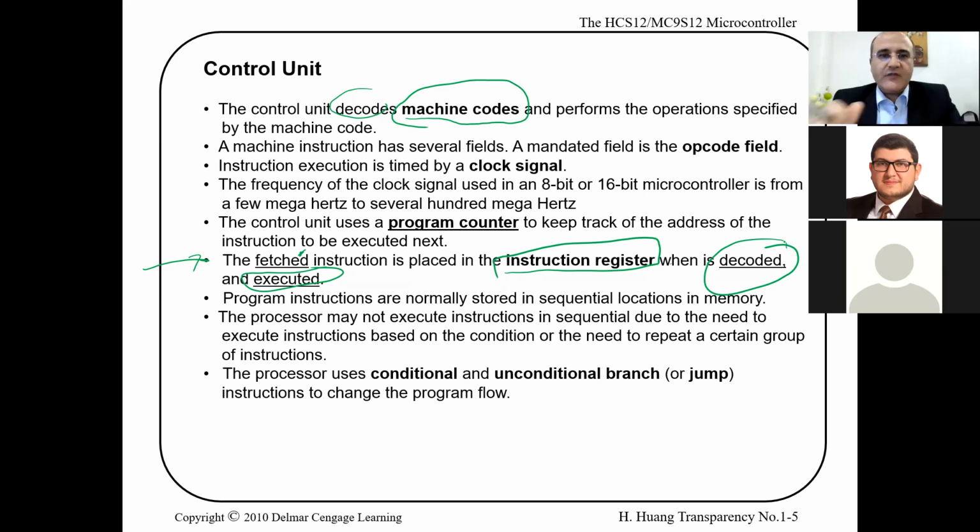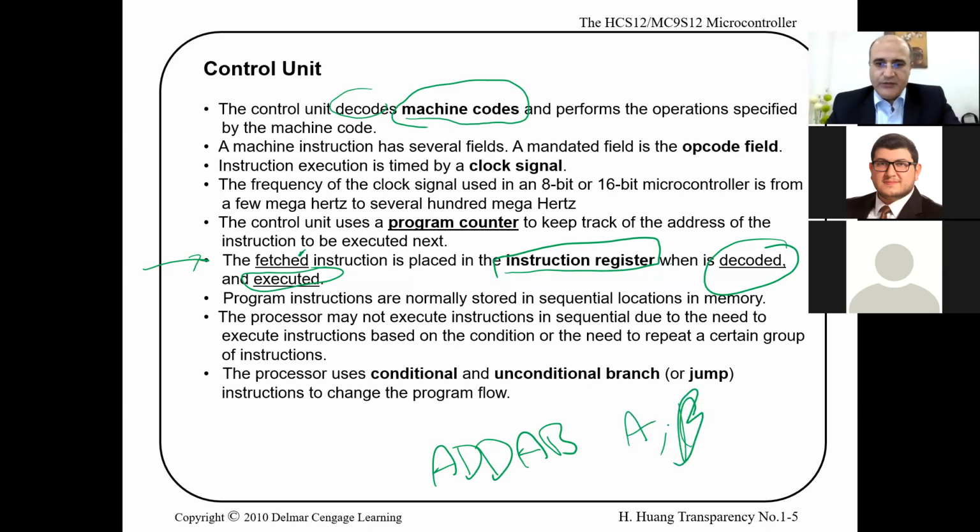A machine instruction, a machine code, has several fields. For example, this machine instruction, add AB. Add AB, then you give it A, comma B. This is just an example.